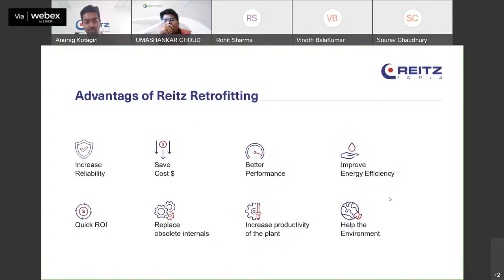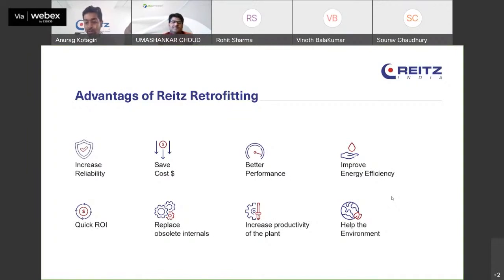Advantages of retrofitting with us: of course, there's increased reliability, you save cost, as you could see from many of the examples, there's better performance and improved energy efficiency. And like I said, the ROI is from 6 months up to 2 years, depending on the fan.